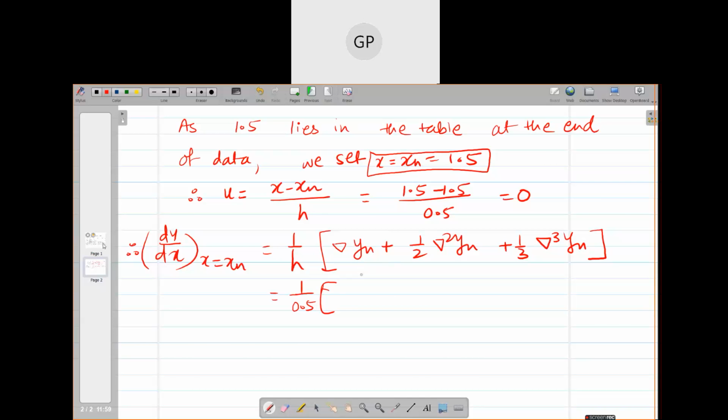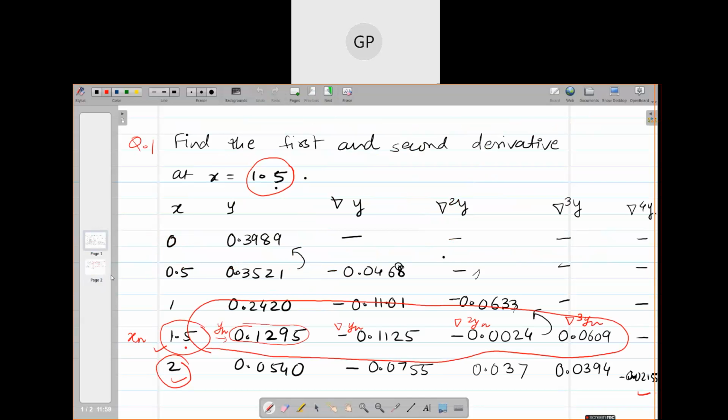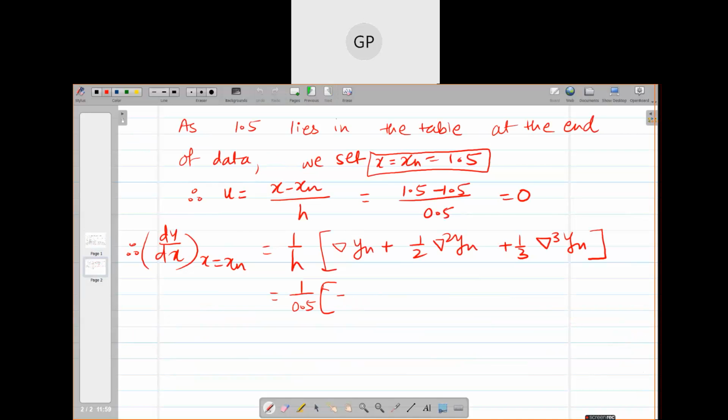What is dy by dx now? It is minus 0.1125 plus half into bracket minus 0.0024 plus one third into bracket 0.0609.